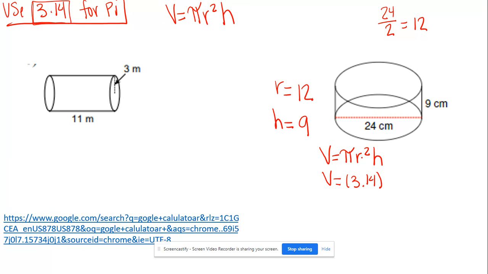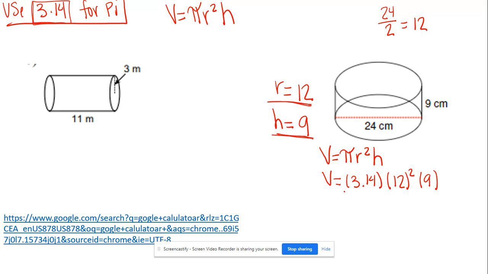Now I want to get rid of this r. How do I get rid of this r? It has a certain number it goes with. Well, over here I found my radius is 12, so I'm going to plug that in. 12 squared. Now my height, well, what is my height? It's right there, so times 9.